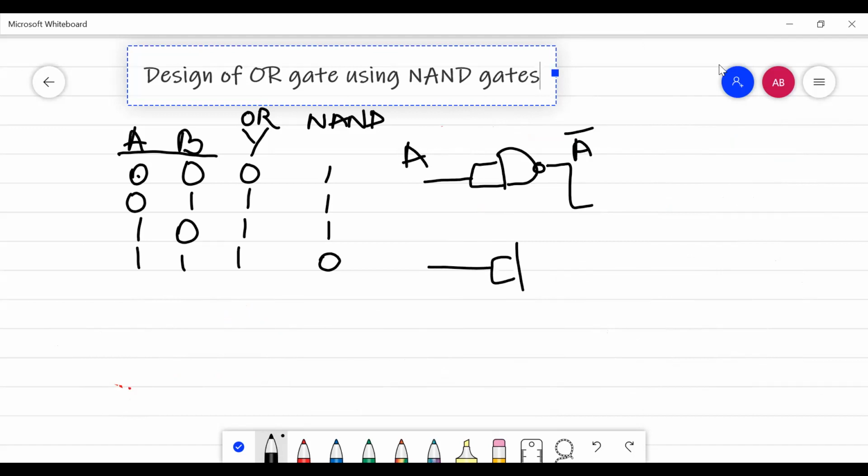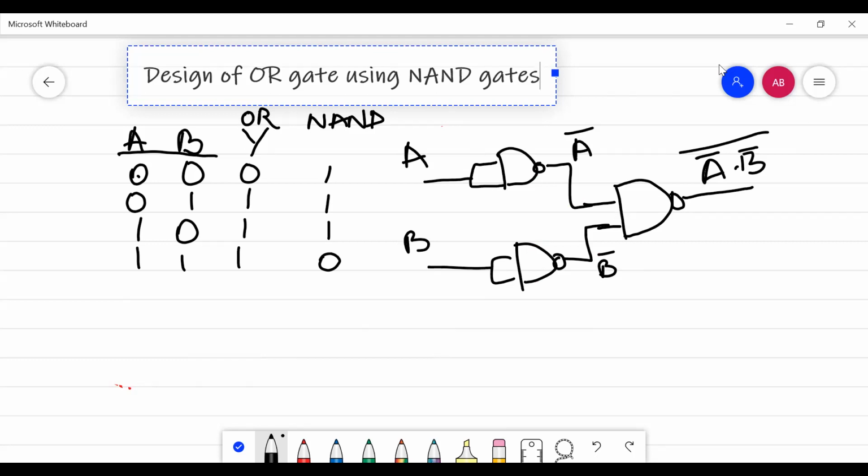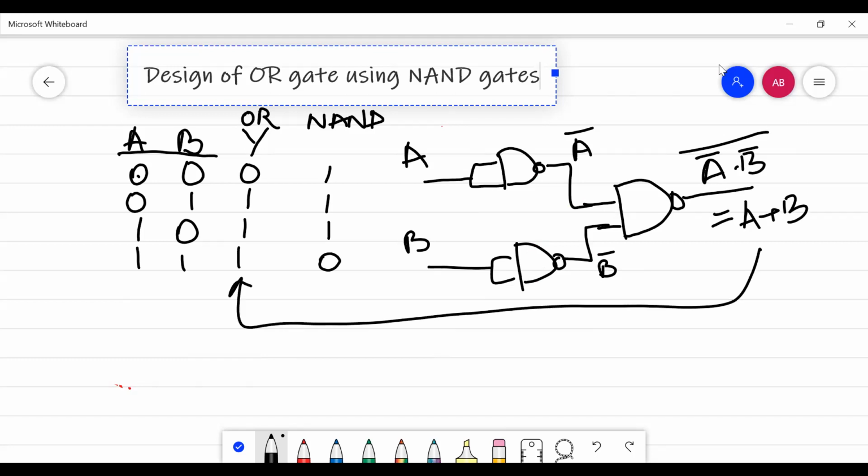Then again, I am going to take another NAND gate, and I have to make this B as B bar here, and now these two are going to go as the input to this NAND gate, so that it becomes A bar dot B bar whole bar. That will be equivalent to A plus B. That is nothing but my OR gate, right? So now I require 3 NAND gates to implement this circuit.